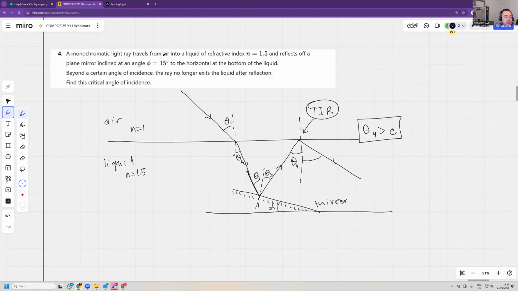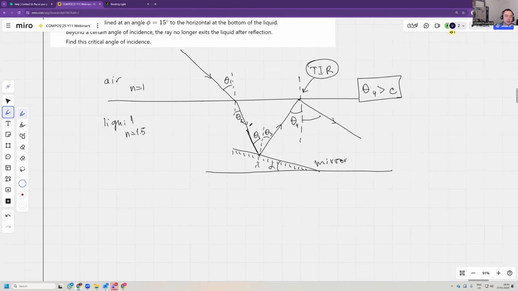Okay, light from air to liquid, and theta 1, let's do 40 degrees, perhaps. Yeah, 40 degrees is fine. So light enters, refracts.